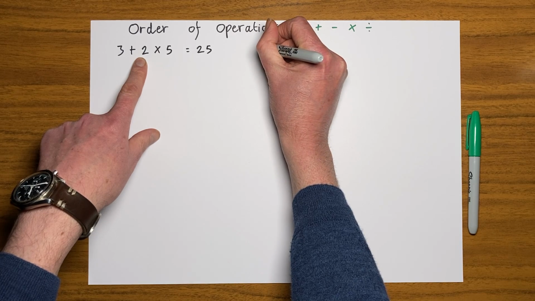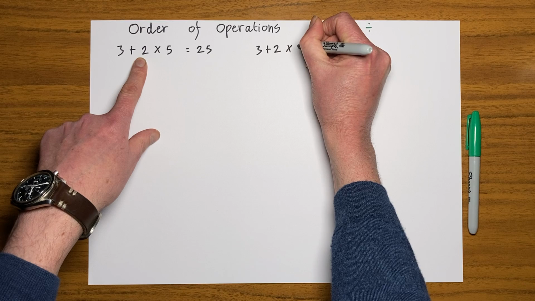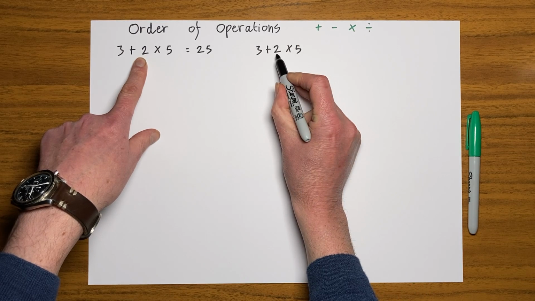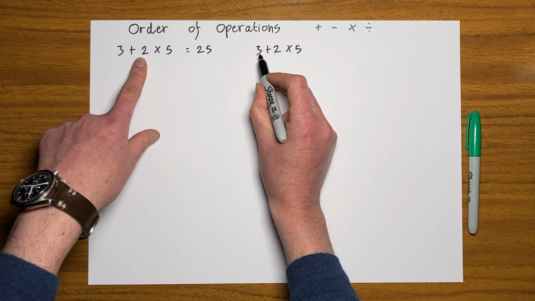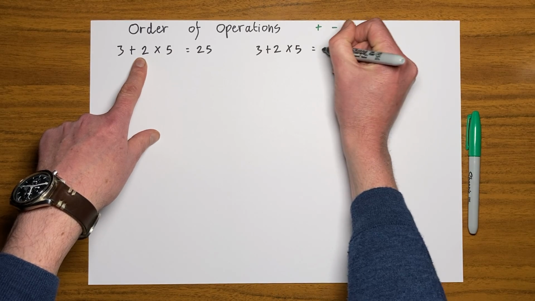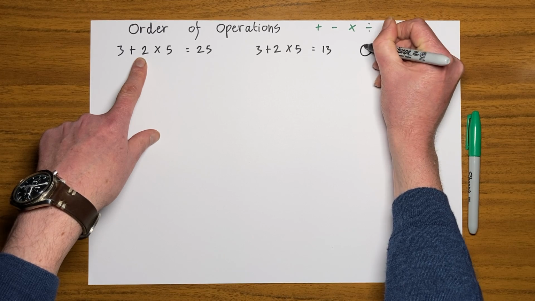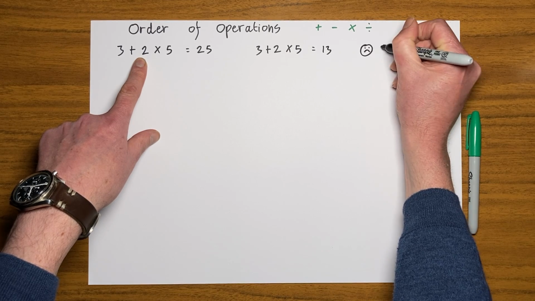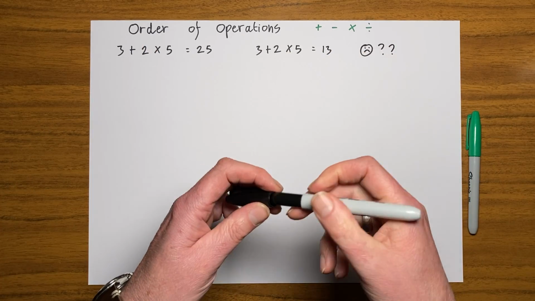Or let's write it out again, 3 add 2 times 5. If I do 2 times 5 first, which is 10, and then do 3 add 10, I get 13. So that is a little bit confusing, isn't it? Which way do I do it? And that's what I'm going to explain to you.